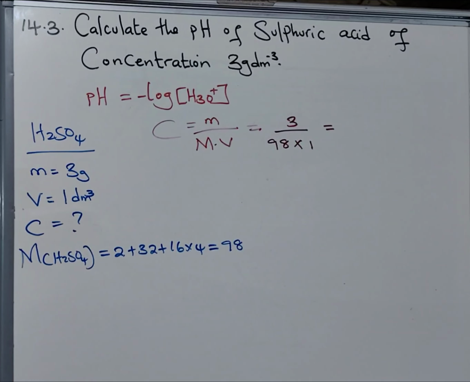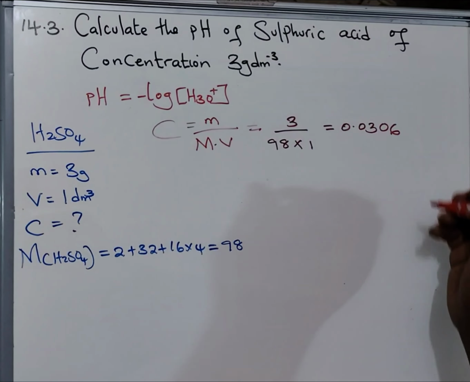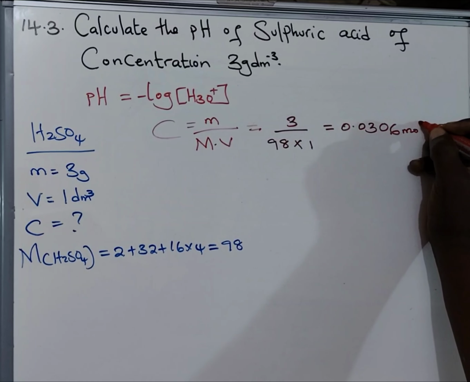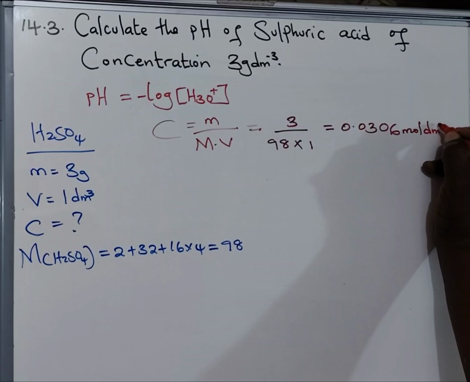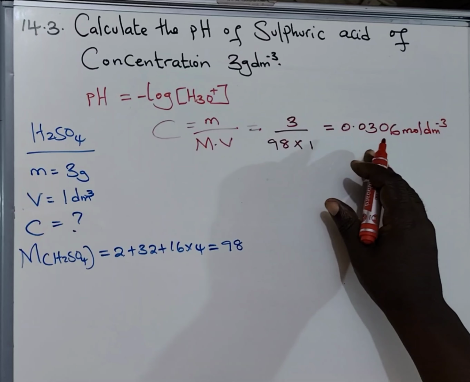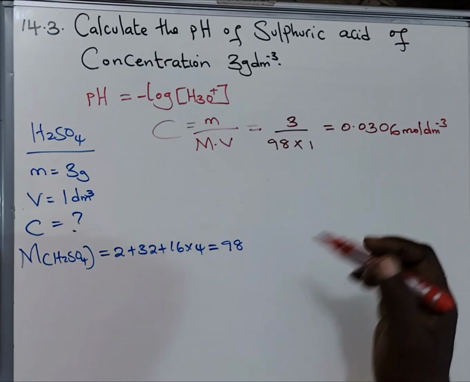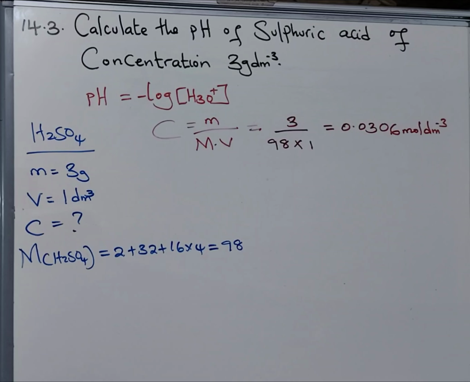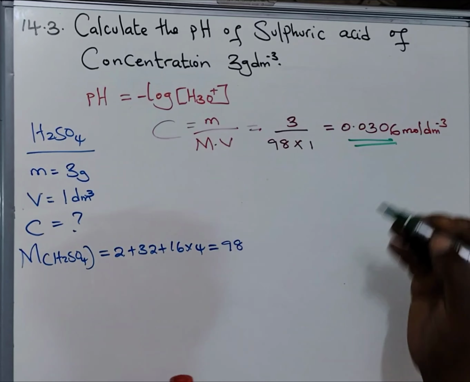So what you get here is going to be the concentration in moles per cubic decimeter. So that is that. And the units are moles per cubic decimeter. So it is 0.0306 moles per cubic decimeter as the concentration of our acid.